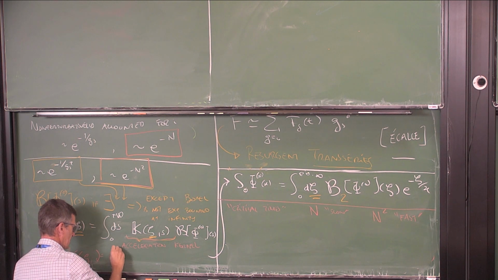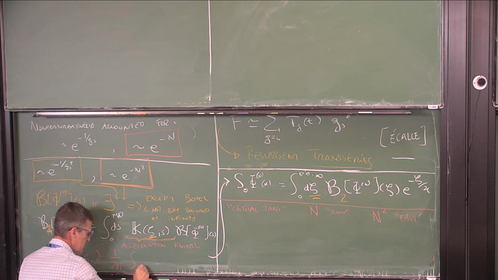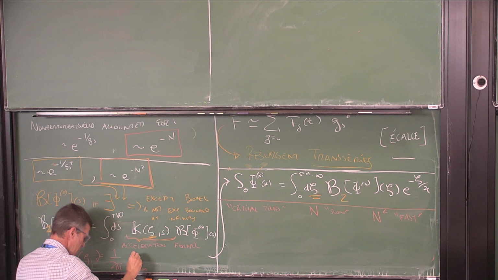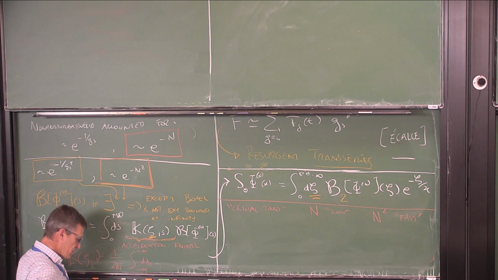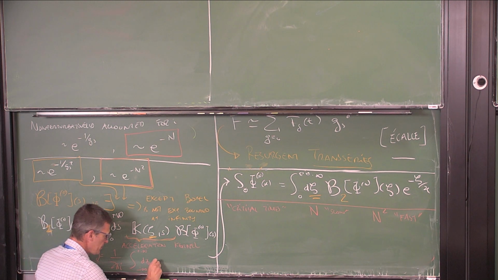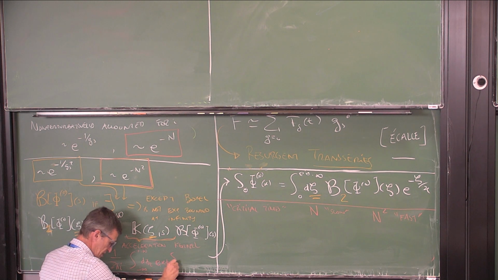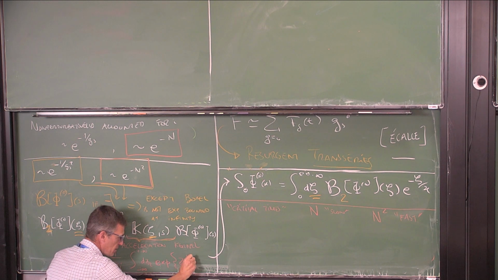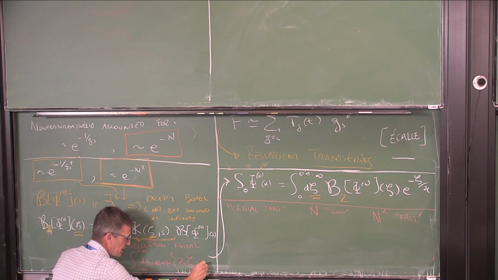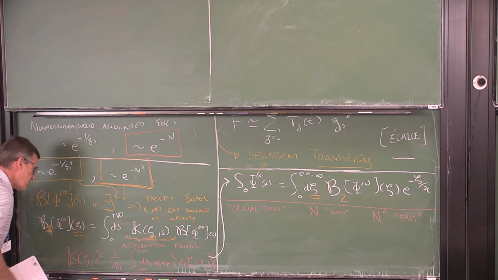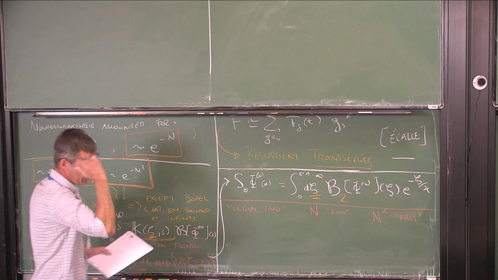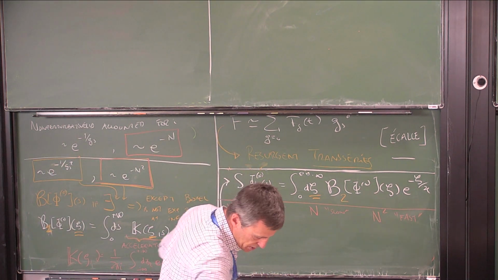Assuming that normalization is correct and so on, Z2 is going to be identified with n squared, and Z1 with n. Okay? And so you see something interesting is happening here.